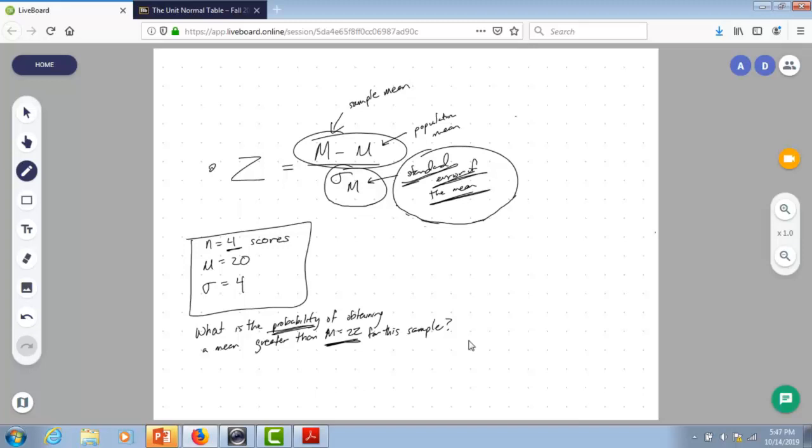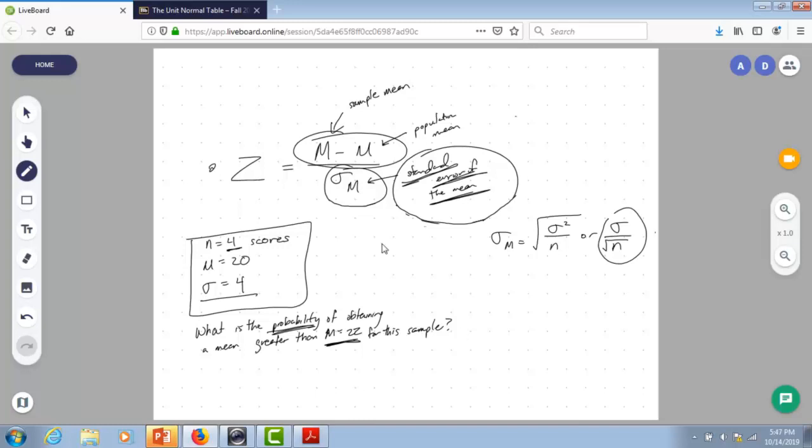Now, I do want to present to you two formulas that you can use to calculate the standard error of the mean. You can utilize this formula, or you can utilize this formula. Based on what we have, a population standard deviation, we will be utilizing this formula to calculate the standard error of the mean.